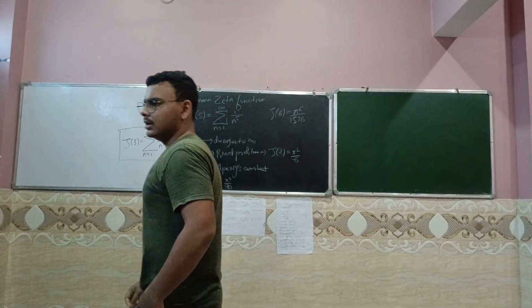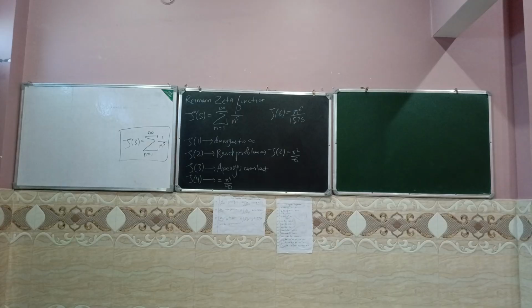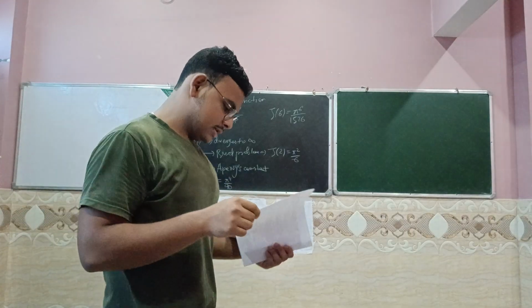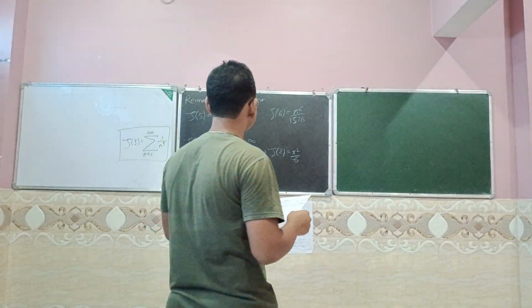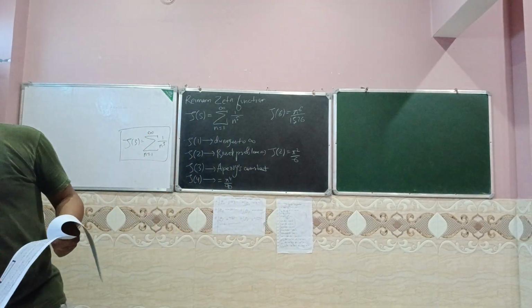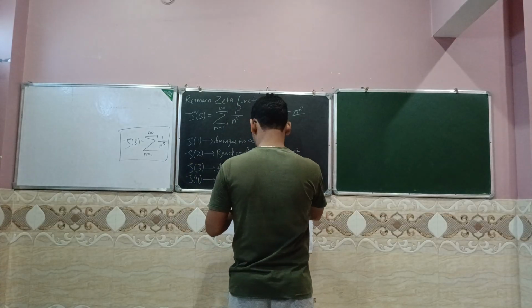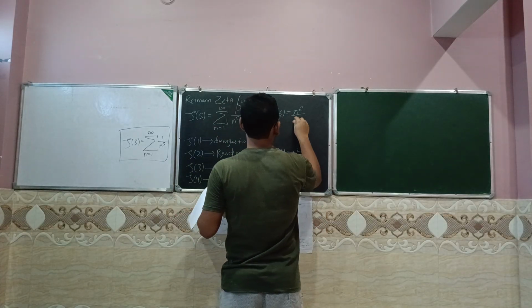Let me check it out, right? Actually, I have evaluated zeta of 6 also. Yeah, here it is. Sorry guys, it's pi to the 6th over 945.